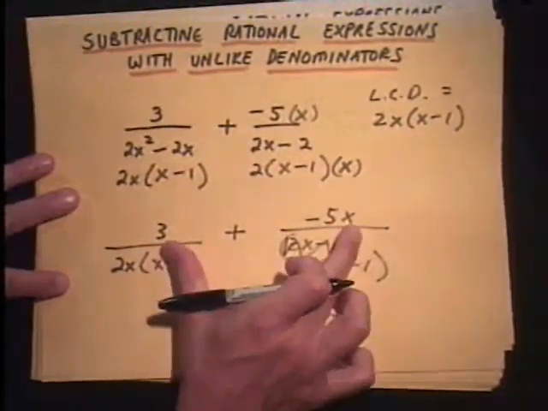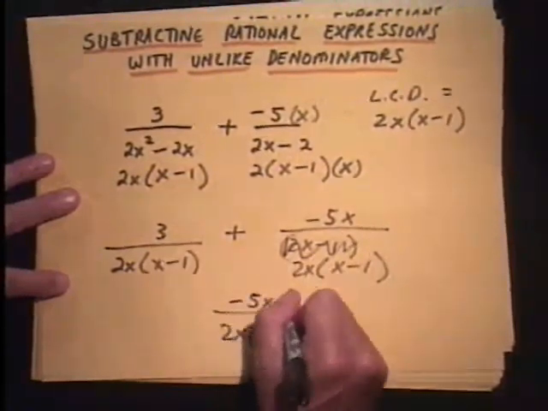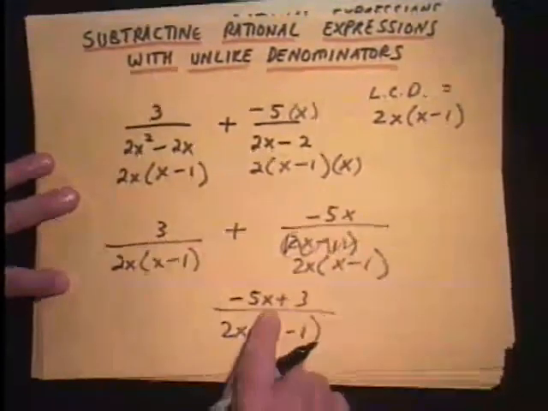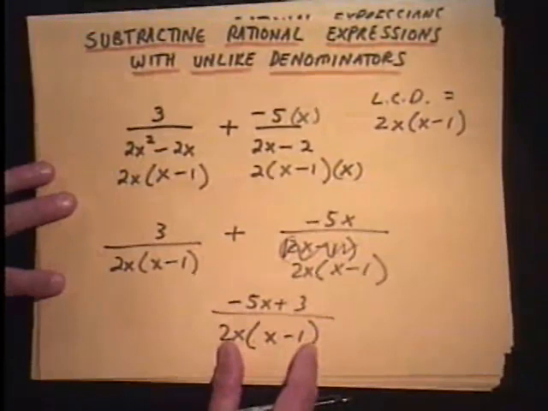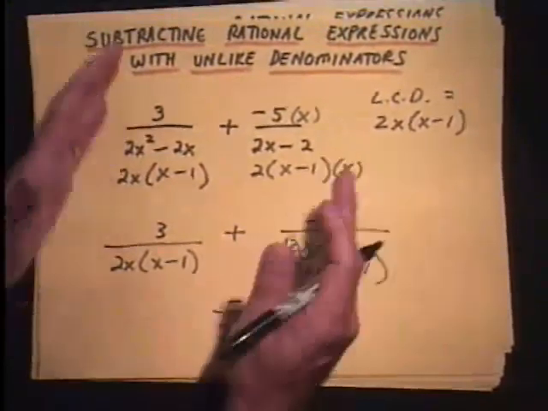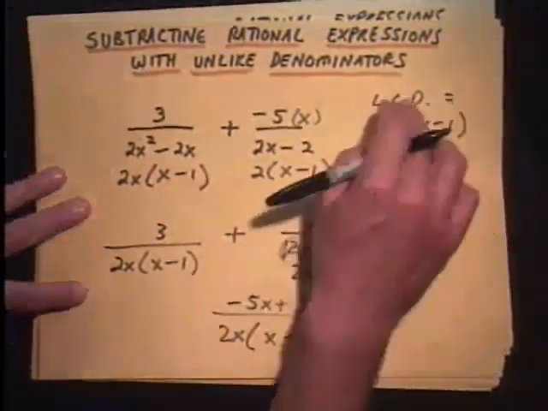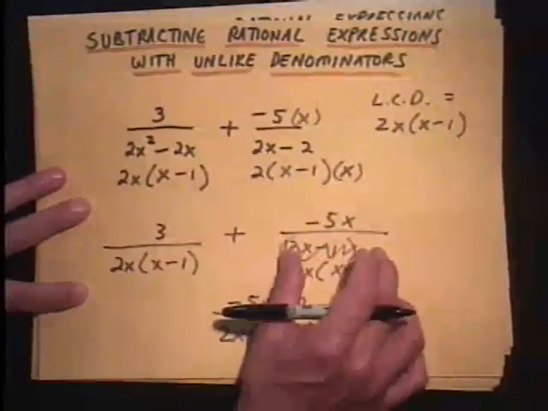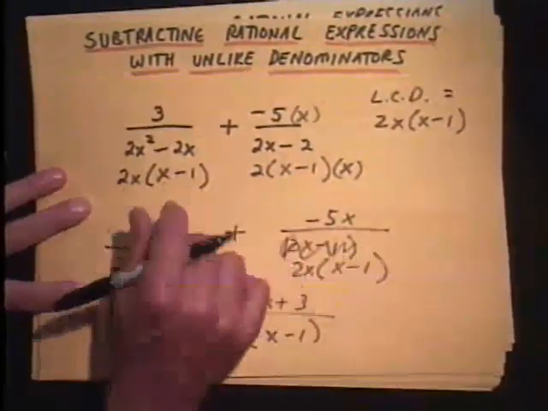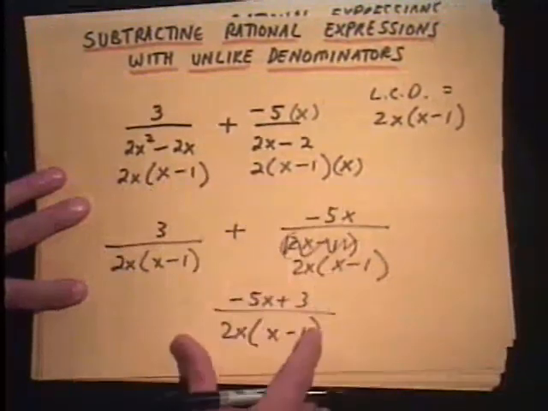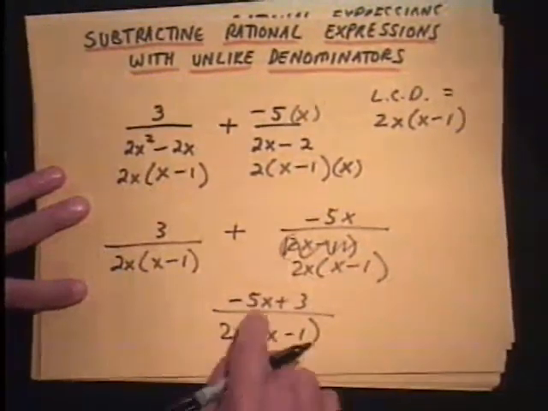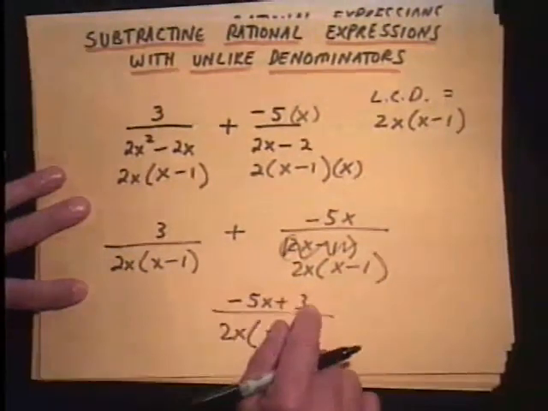Put these tops together and get a negative 5x plus 3 or 3 minus 5x, whichever way you want to write it. And we are in great shape here. So looking at this now, 90% of the battle is to get that common denominator. Set up the shell, and then you'll see what you need to multiply by to get that common denominator, and then you can put them together. Now, obviously, this one won't reduce because nothing comes out of the top.